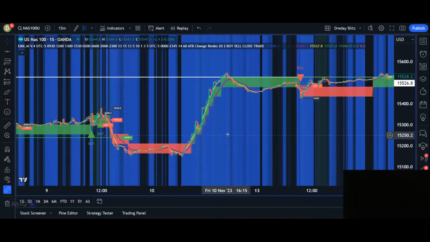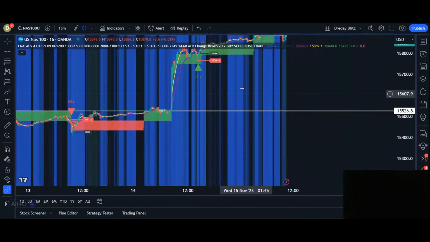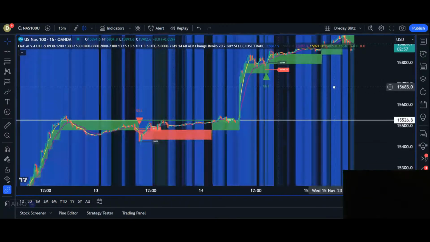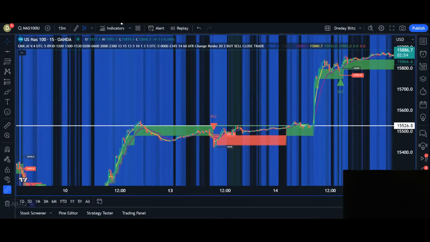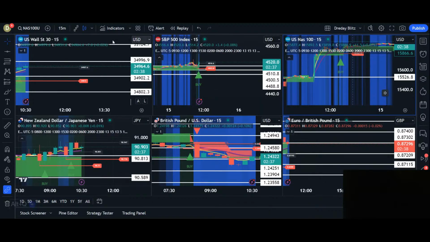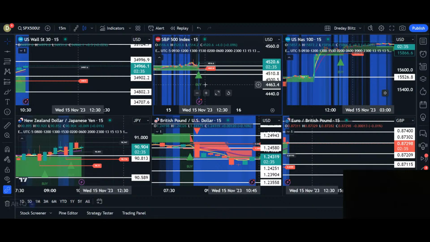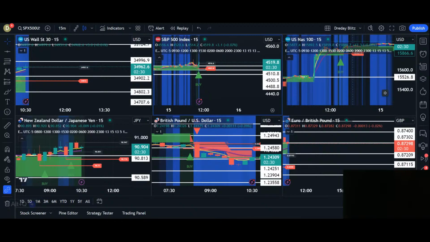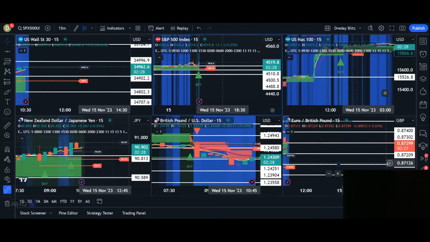Since last week, NASDAQ is still going strong. I don't think we're going to receive any notification here for now.